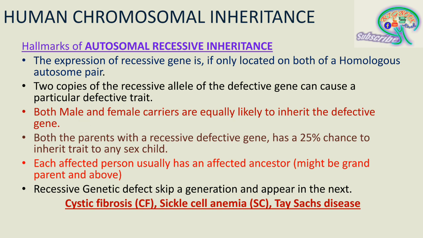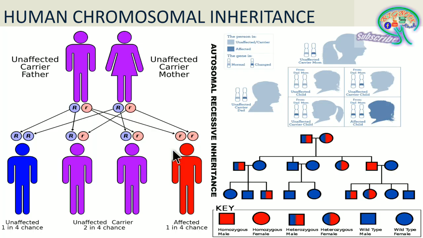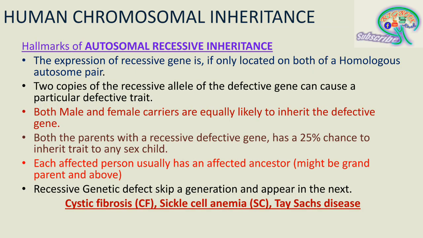For the carriers, that is to carry from one generation to the other, they are likely to pass it to any of the offspring. Both parents with a recessive defective gene have a 25% chance to pass the trait to a child of any sex. Again, irrespective of sex, the parents can pass on the gene.